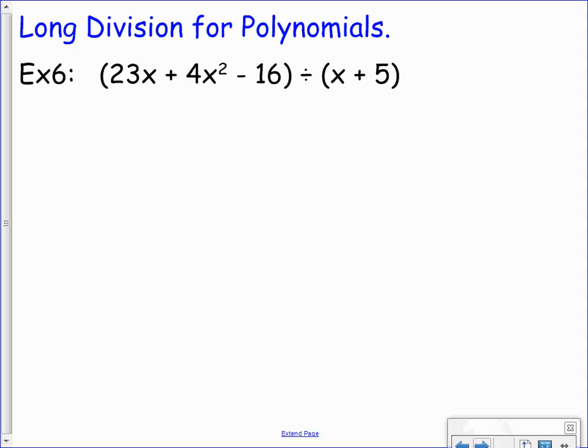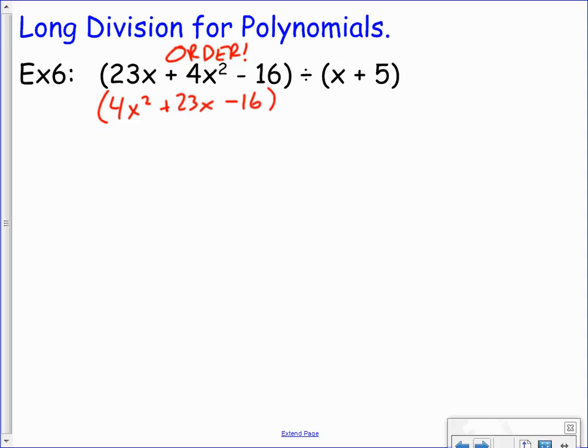She looked ahead. This is not in standard form, right? You have to switch the order. So this becomes 4x squared plus 23x minus 16. Make sure you watch the order of everything. Also, check to see if we need to fill in anything.